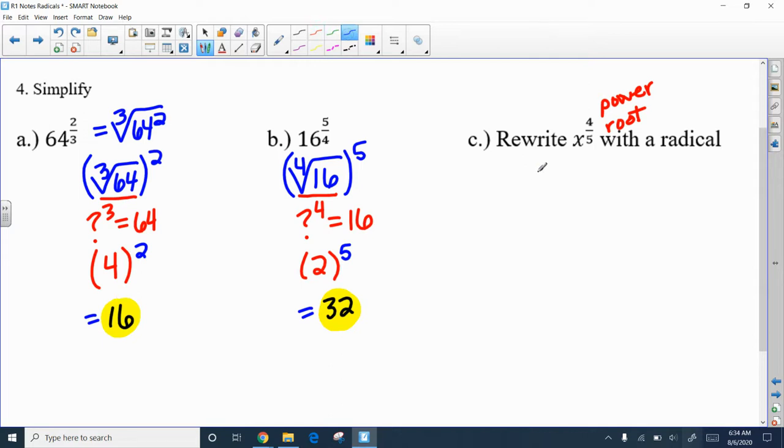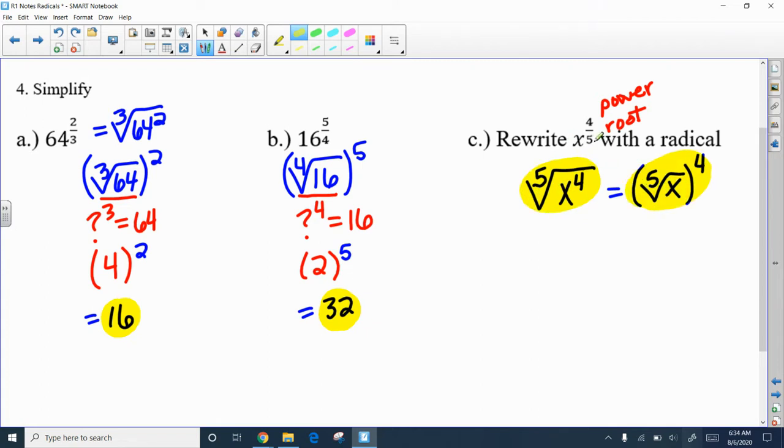We could write it like this, the fifth root of x to the fourth power, where we're doing the power first and then doing a fifth root. Or we could write it like this, the fifth root of x, root first and then to the fourth power. Either of those is correct, and both of those are equivalent.